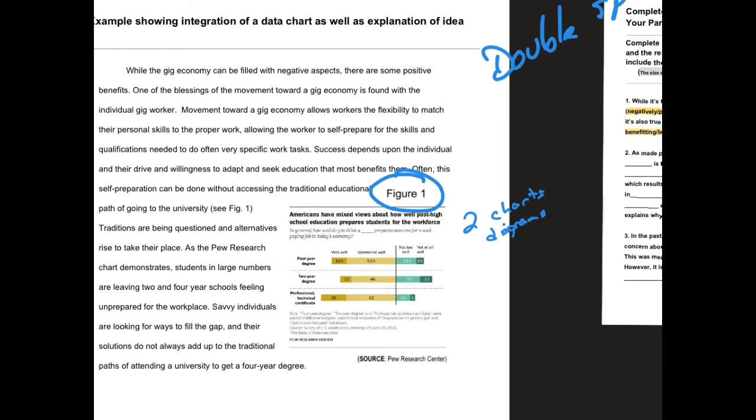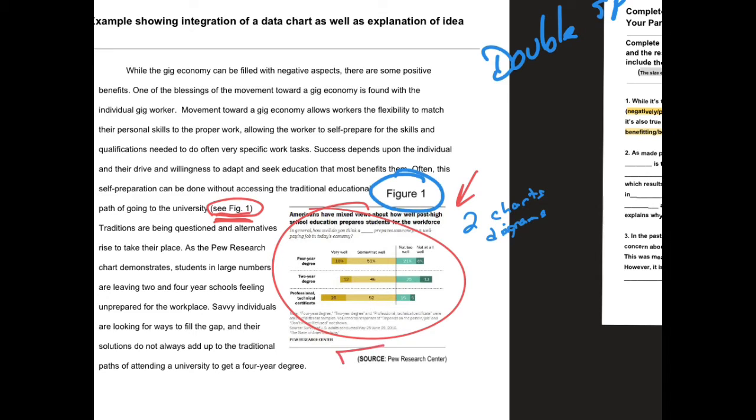In the course of our text, you'll notice that I use an identifier, figure 1, okay? So in the course of the text, when I'm talking about the figure that I want to use, the chart I want to use, I'll refer to it as figure 1, figure 2, figure 3, figure 4, depending on what I'm talking about. And then I will label that inside my text as well. It'll be figure 1, figure 2, so forth.